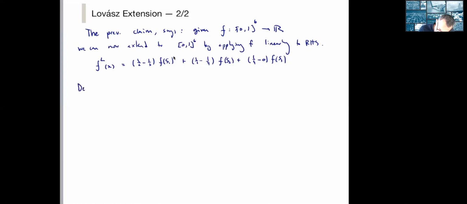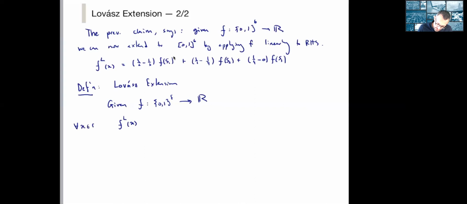So let's write that clearly. Given in general a function, and I still have not assumed submodularity here, from 0,1 to the n to R, then f^L for any x in the unit cube is equal to the sum of lambda_i f of S_i, where all the lambda_i's are non-negative and the sum of lambda_i equals 1.